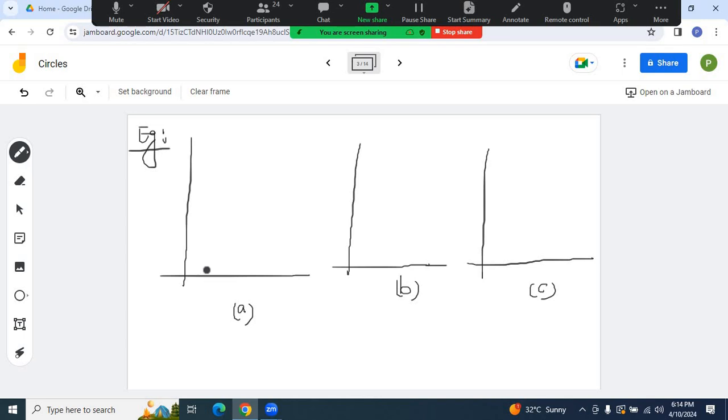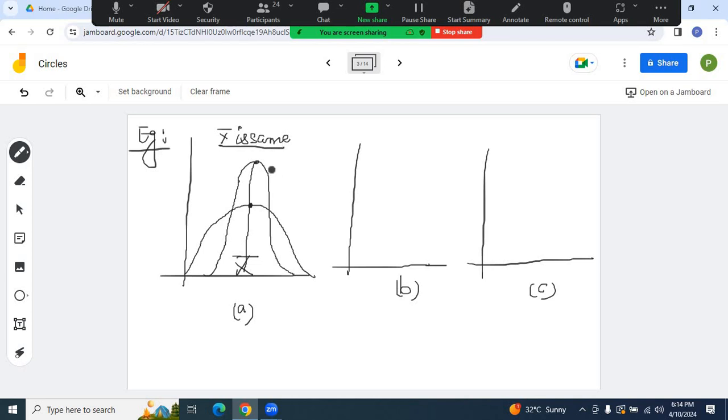Here, for example, this is the distribution of the first series. Let this be the distribution of another series. That means if we see the central value, it is the same. That is, the mean is the same.